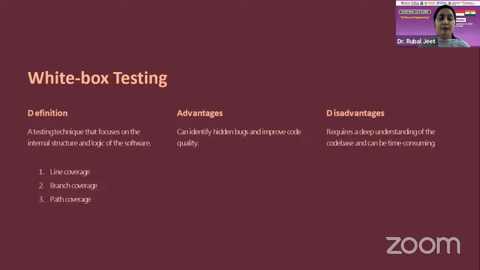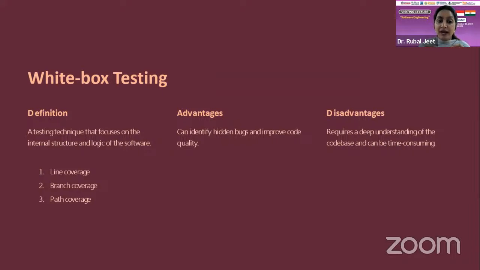Like you made a program in Python, and line by line you test everything. Then branch coverage, where you test a small piece of code and input many values. Then path coverage means that the main function and the sub functions called under the main function are calling each other properly.